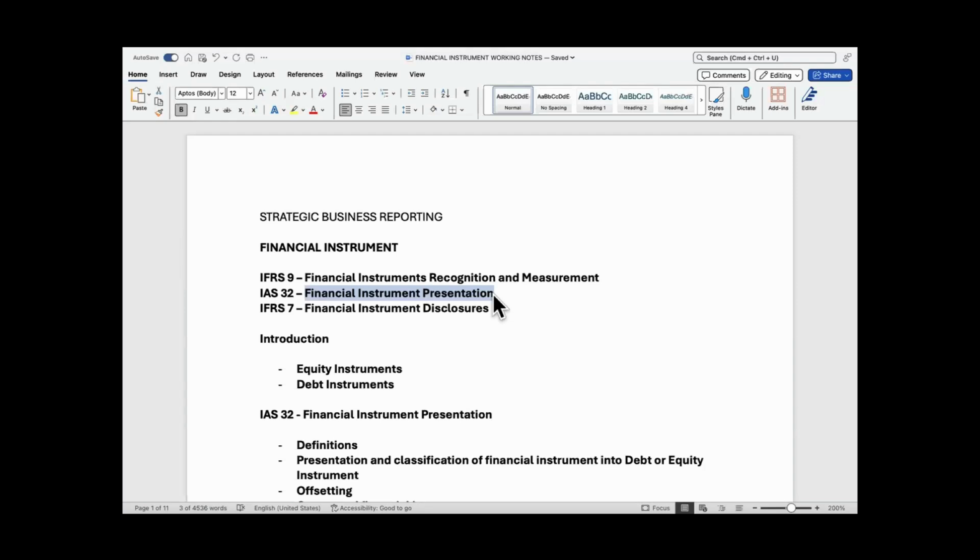So even though the instrument the company issued was an equity instrument, ordinary shares, by the time you look at the substance, it is a financial liability.